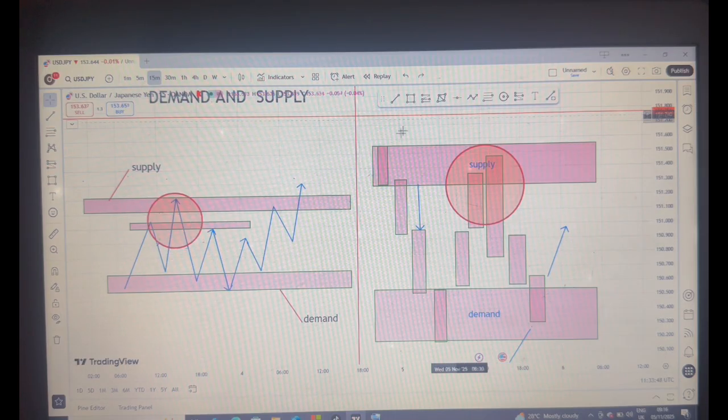Like I said, for a supply zone, you must see either a supply or demand. You must see a fair value gap. You must see a break of structure, as when we go to the chart, we'll see that it is going to break a structure around here before it comes down here. Imagine it coming from here.